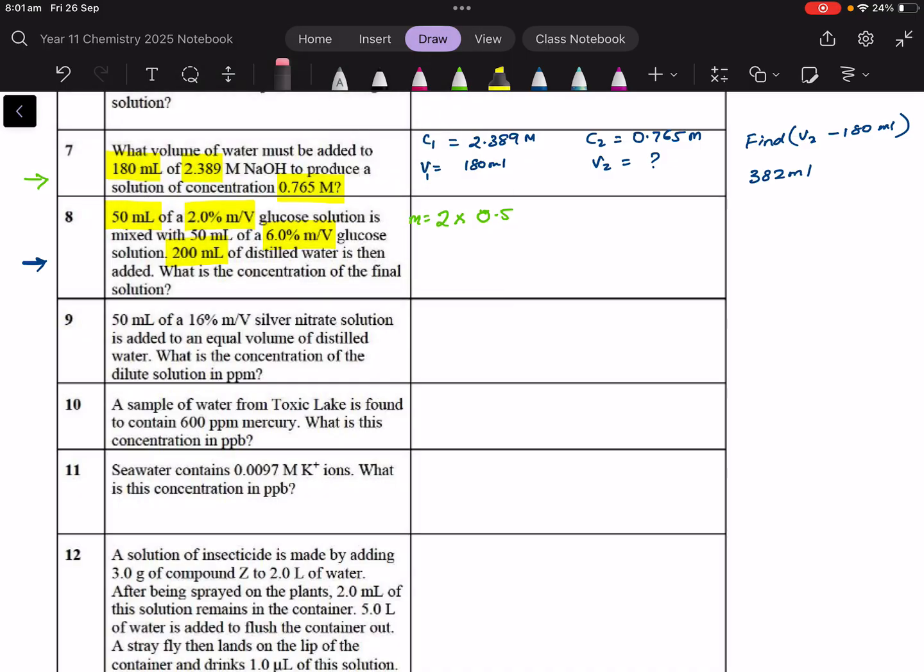Just going to write that properly here. So the mass of the glucose that we have is in 50 ml. In 50 milliliters, we have 2 grams multiplied by 50 mils, which is 2 percent.